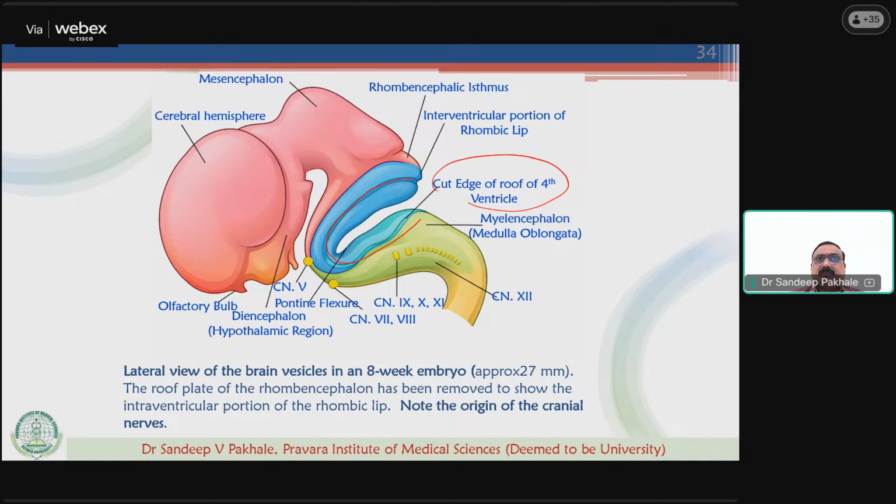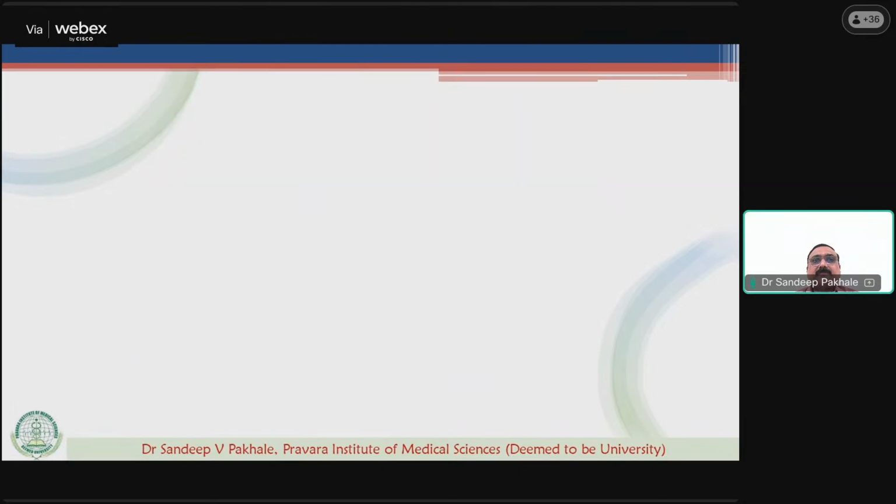At this stage, the effects of pontine flexure are evident with the hindbrain opened and the fourth ventricle clearly formed. Importantly, we can also appreciate the origin of the cranial nerves, which are arranged according to functional columns, which we already saw in the last two slides, derived from basal and alar plates.